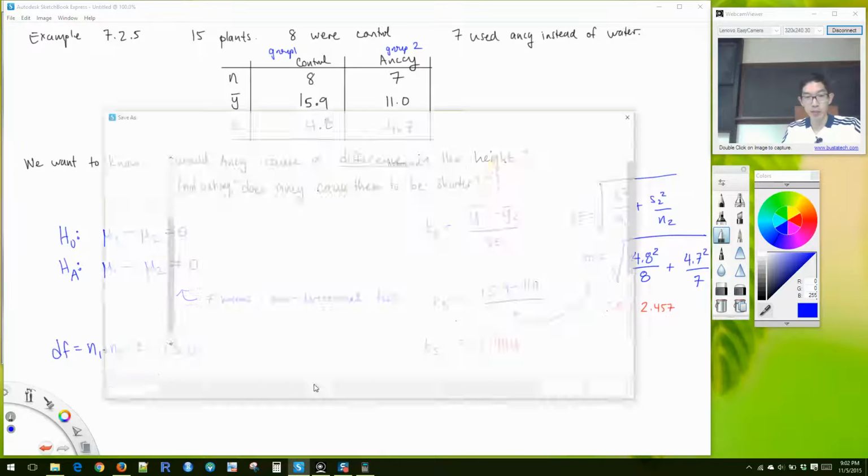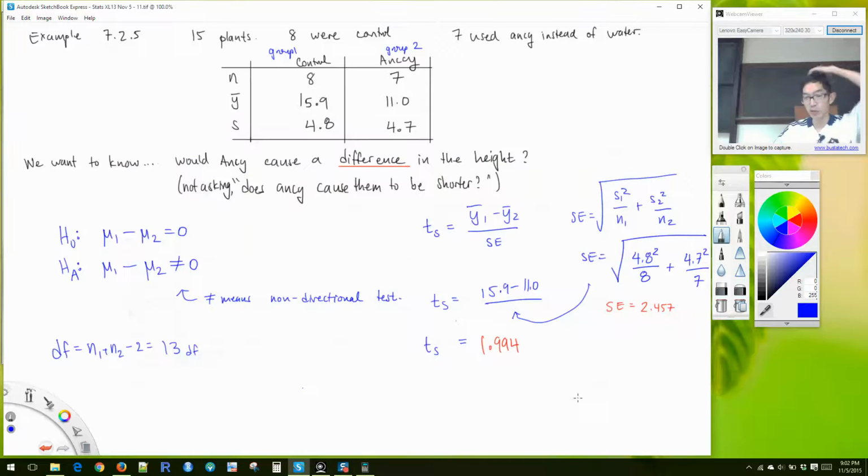I want to make sure everybody is with me before I move on into using the t-table. Everybody good? Okay, so if you have your t-table, pull those out.